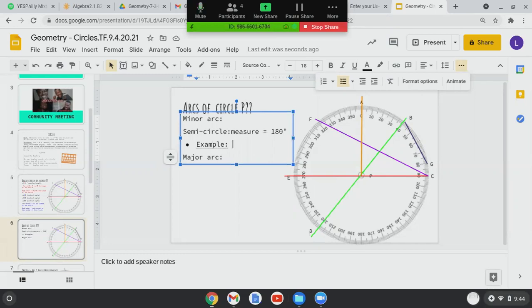Can you name one? If you can't, that's okay, because we're gonna get there. Can you give me a description of a minor arc or a major arc? And again, if you can, I would like you to relate it to 180 degrees. I want 180 degrees to be in your definition. Did that make sense?